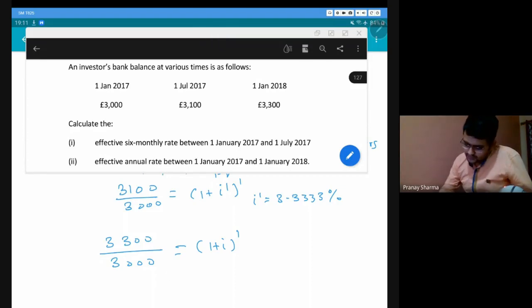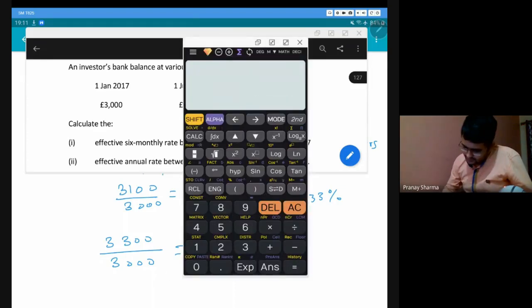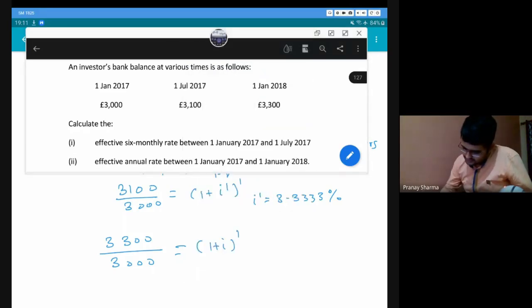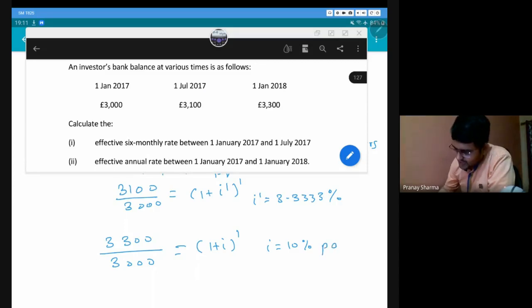So we have 3,300 by 3,000, which is 1.1. I'll subtract 1, so I'm getting a 10% rate of interest, which is per annum.